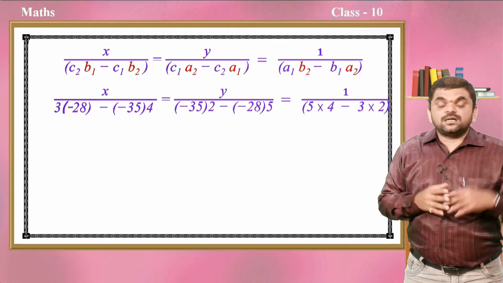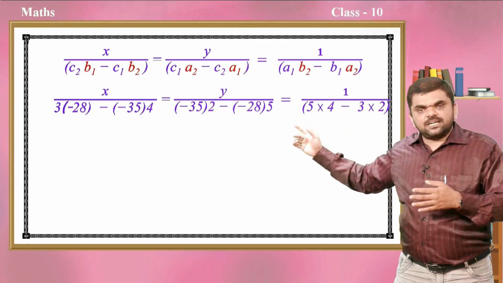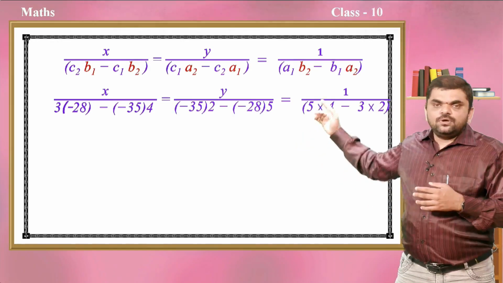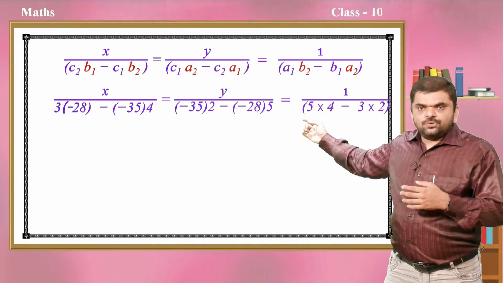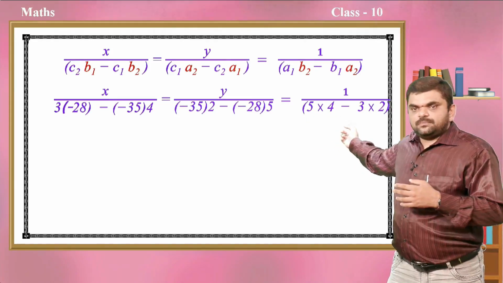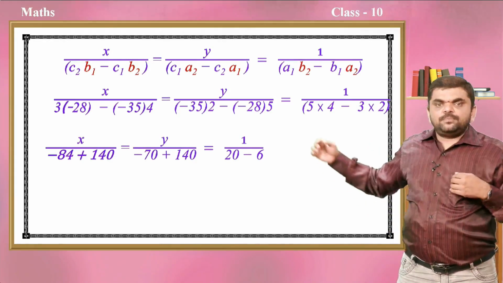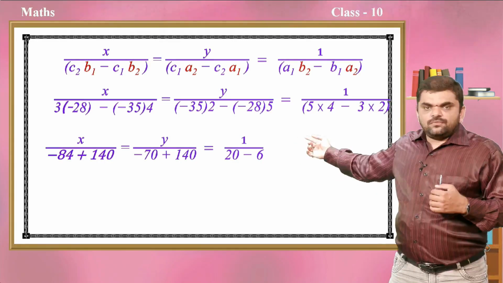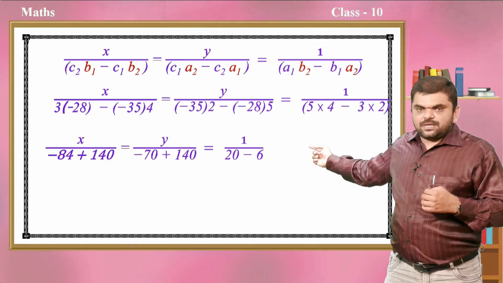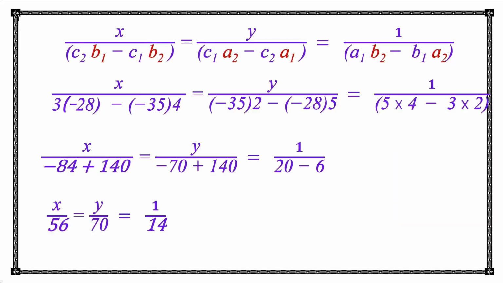So on substitution, x over 3 into minus 28 minus minus 35 into 4 is equal to y over minus 35 into 2 minus minus 28 into 5, that is equal to 1 over 5 into 4 minus 3 into 2, that is x over minus 84 plus 140 is equal to y over minus 70 plus 140, that is equal to 1 over 20 minus 6. x over 56 is equal to y over 70, that is equal to 1 over 14.